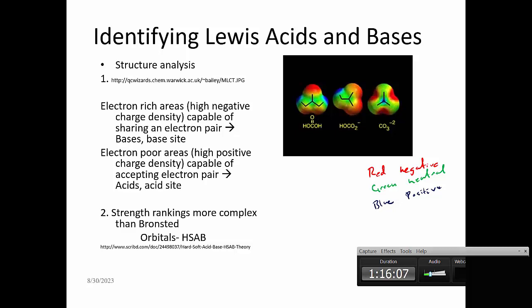So those would be acidic sites, potential sites for electron pair acceptors. Red, as long as there's a lone pair, would be negative, and that could be potential sites for electron pair donors. And so when we look at our electron-rich areas, red, and electron-poor areas, blue.